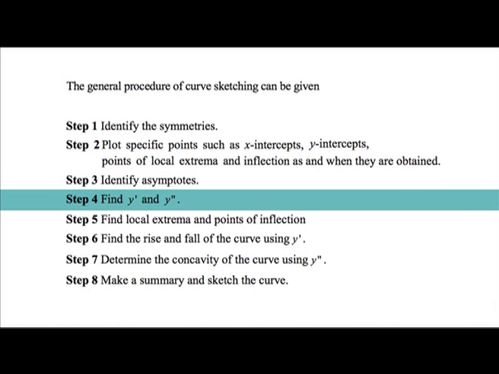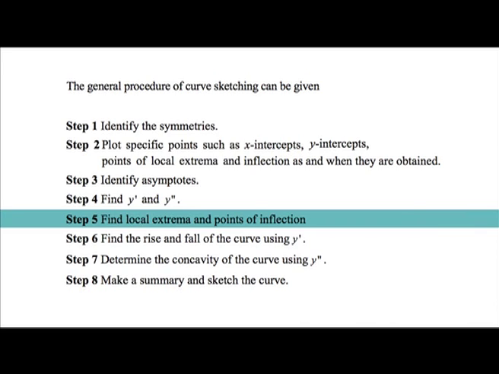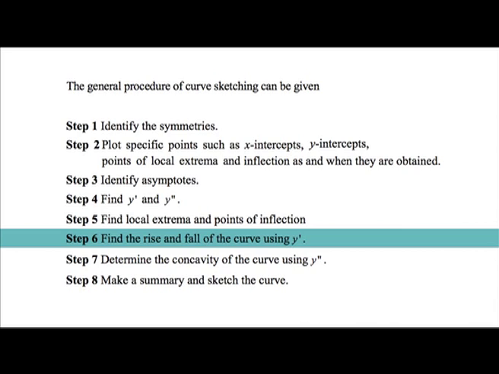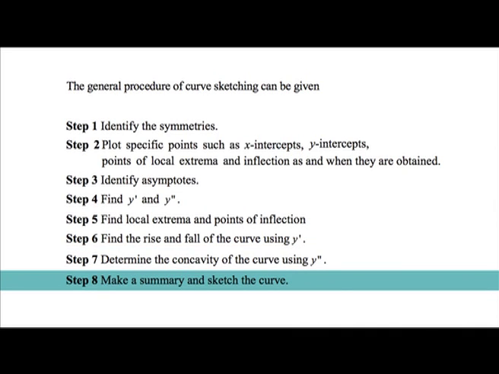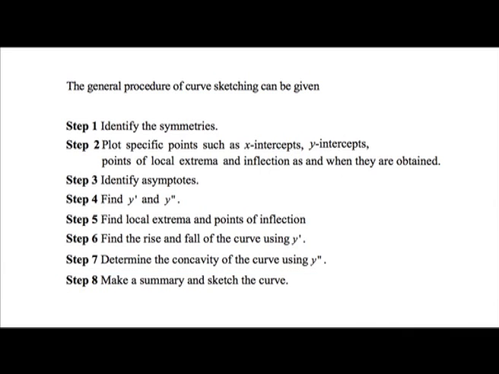Step 4, find y dash and y double dash. Step 5, find local extrema and points of inflection. Step 6, find the rise and fall of the curve using y dash. Step 7, determine the concavity of the curve using y double dash. Step 8, make a summary and sketch the curve. We may improvise these steps according to the problem.